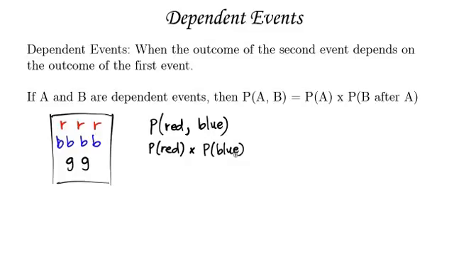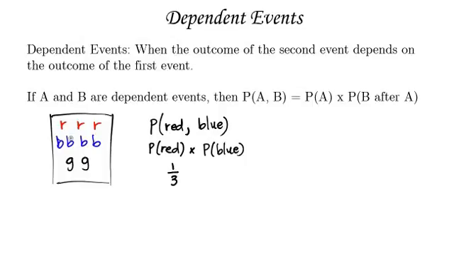The probability of picking a red: how many reds do I have? My desired outcome is 3, so desired outcome goes on top, 3 over the total number of marbles, 9. Now you can simplify this to 1/3.